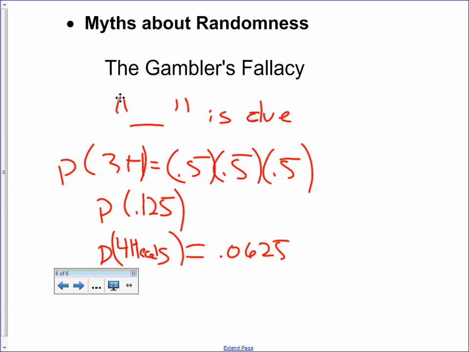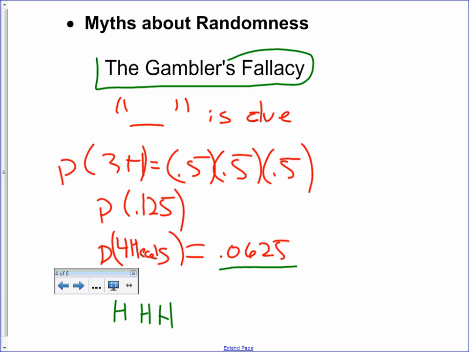The gambler's fallacy doesn't take into account that the probability of something that's already occurred is 1. So my probability of tossing 4 heads in a row is 0.0625. But let's say you come into my room and I flip the coin 3 times and I get heads all 3 times. Boop, boop, boop. I stop and I say, what do you think is going to come up next? The gambler's fallacy is you would say, well, tails, clearly, because you flipped heads 3 times in a row.